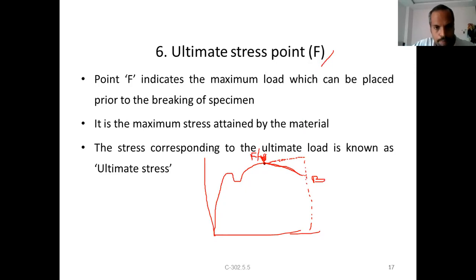After the ultimate load point is reached, what happens? There will be the formation of a neck; necking will be formed.